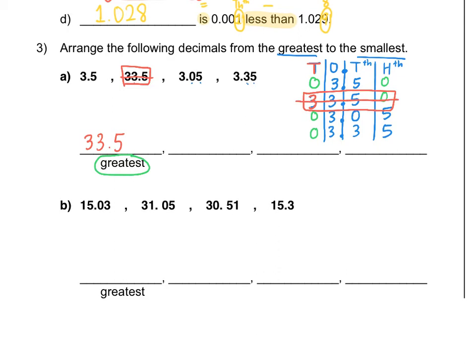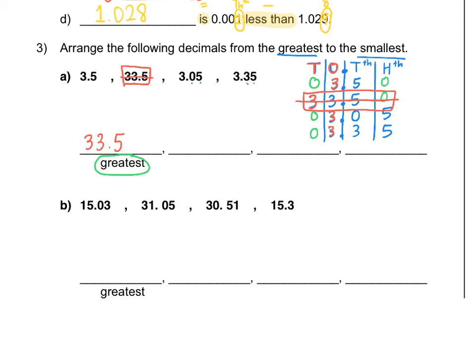Now let's go on and find the next greatest decimal. Compare the tens place again. They are all zeros. Can we compare? No, we cannot. So we go on to the ones place. In the ones place, can we compare the numbers? 3, 3, 3. Which is the greatest? I cannot compare because they are the same.